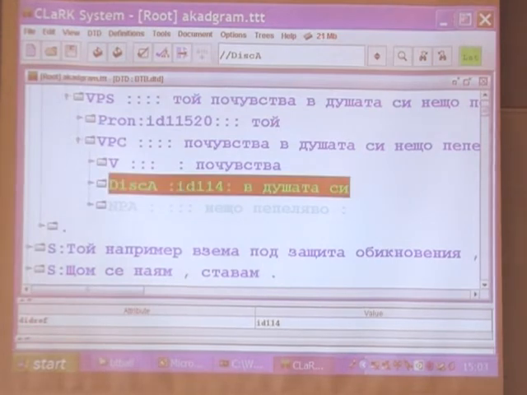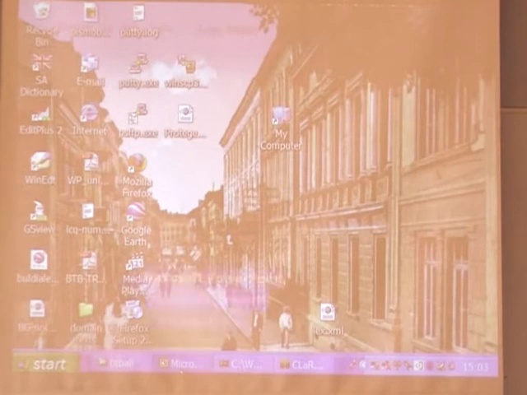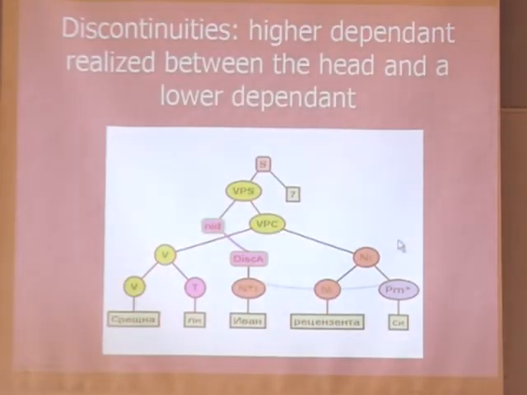So this is how it looks in the non-graphical view. And here we have the coreference between Ivan and his reviewer.